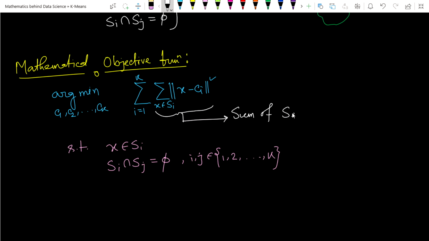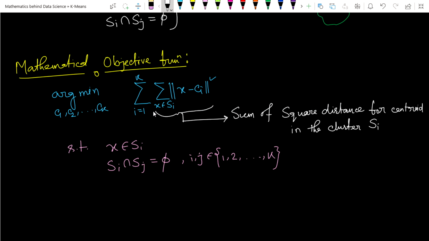These are called the sum of the squared distance from the centroid in the cluster Si. Clusterization.